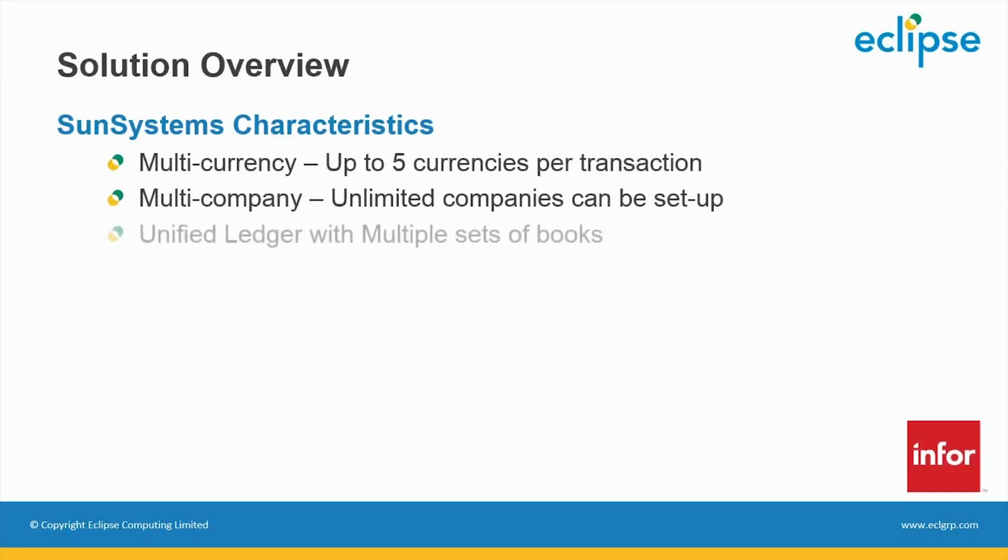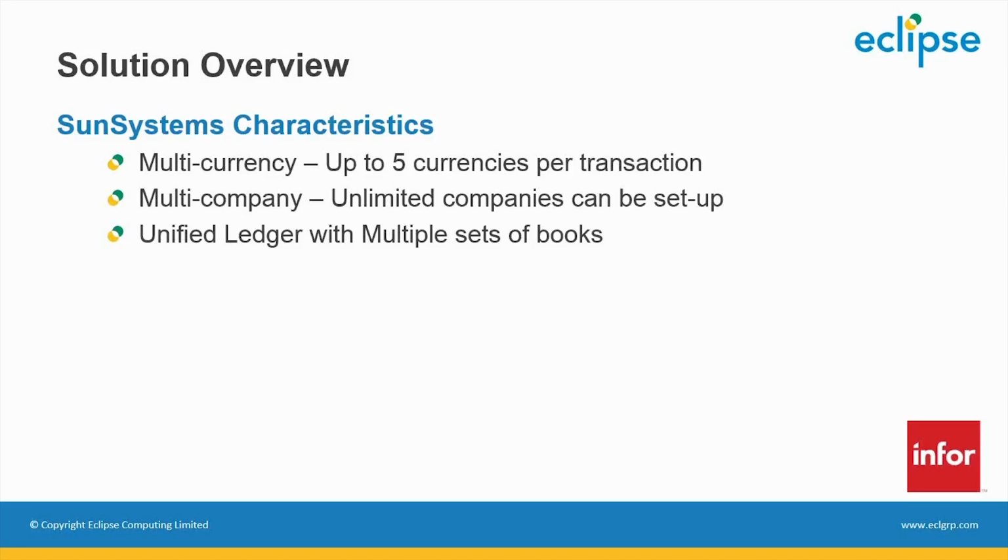So SunSystems is, of course, what we call a unified ledger system. Unlike some other GL products or some other finance systems where you have a separate ledger for the general ledger, accounts payable ledger, accounts receivable ledger, everything in SunSystems is what we call a unified ledger. But within that unified ledger, we have the power to set up multiple sets of books.